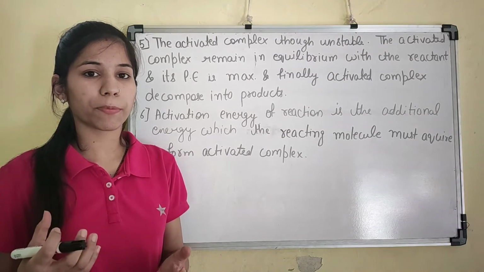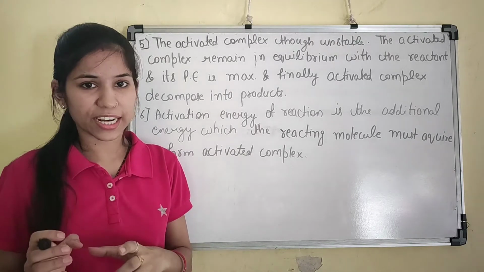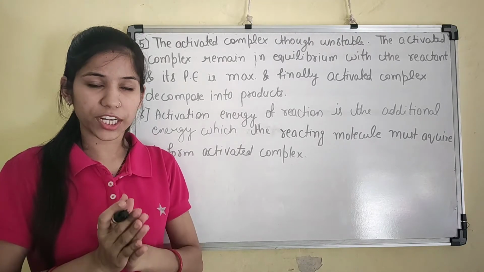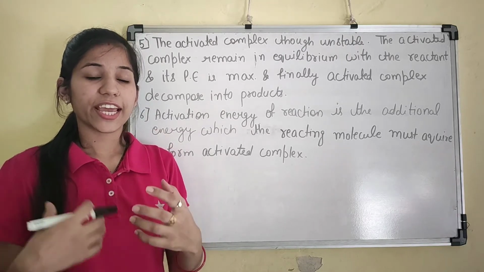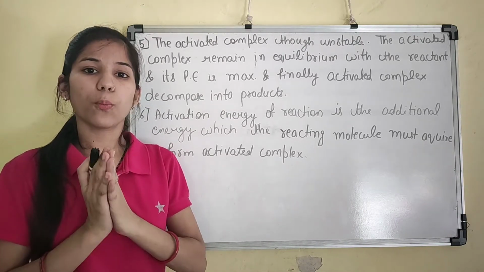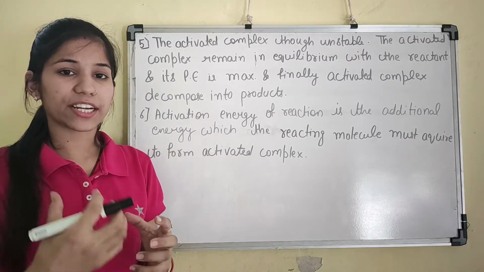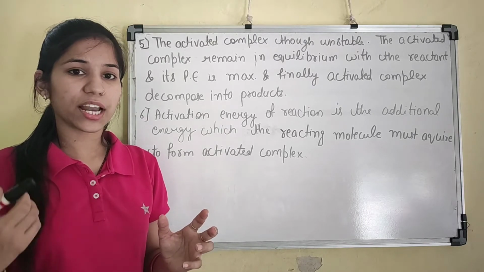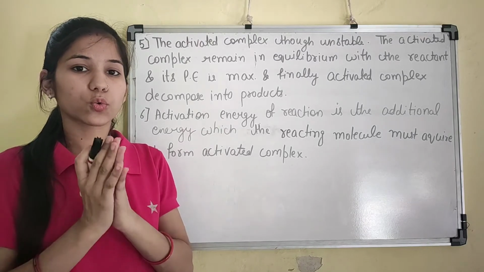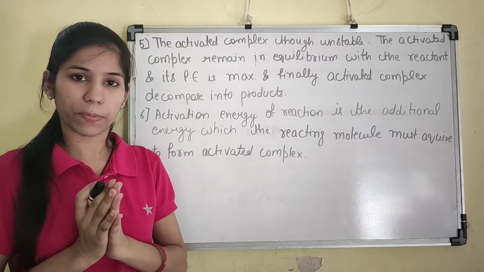Due to this property, the activated complex remains in equilibrium with the reactant, its potential energy is maximum, and it can be decomposed into products. The sixth postulate is that activation energy is the additional energy required by the reacting molecule to convert it into the activated complex.